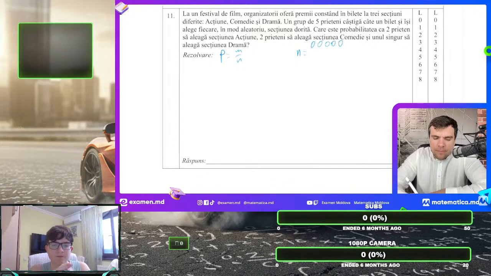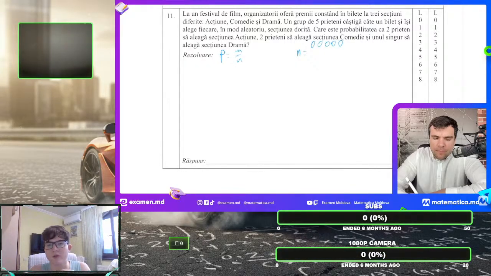There's essentially a movie festival, and the organizers offer prizes consisting of tickets to 3 different sections: action, comedy, and drama. A group of 5 friends wins.